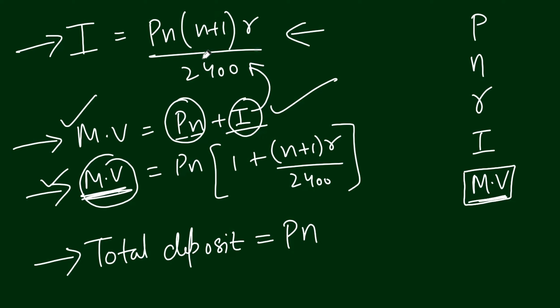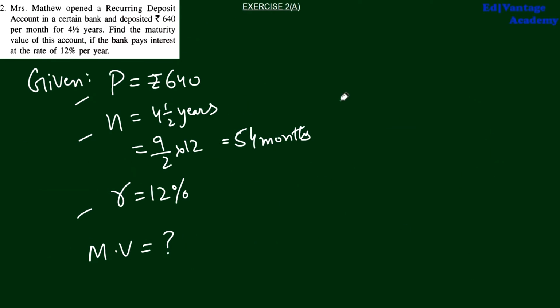Whatever value you get for I, add the Pn value and I value, and you get the maturity value. The other is to find the maturity value directly. I'll use the direct formula, but you can do it the other way also.